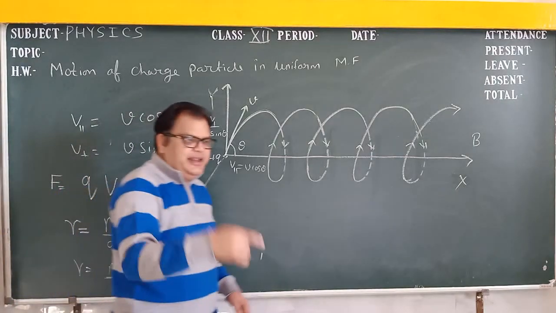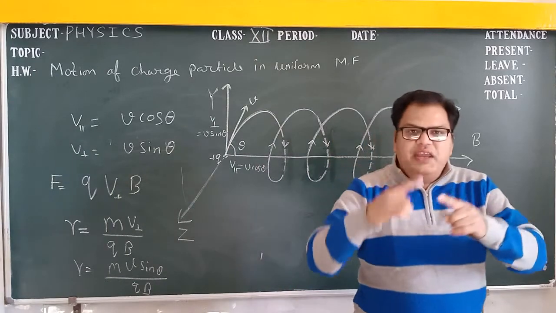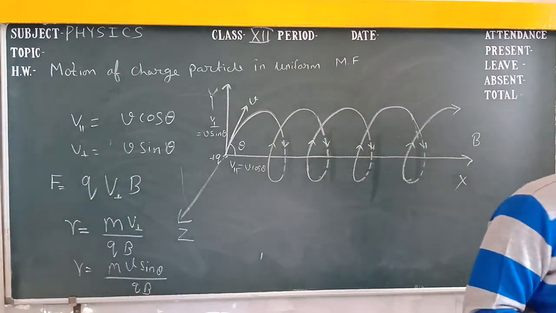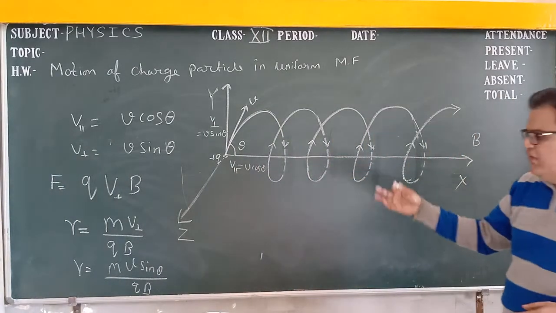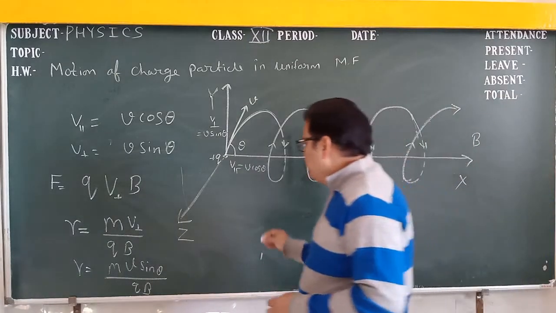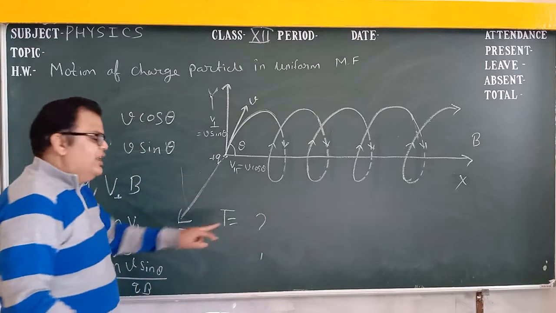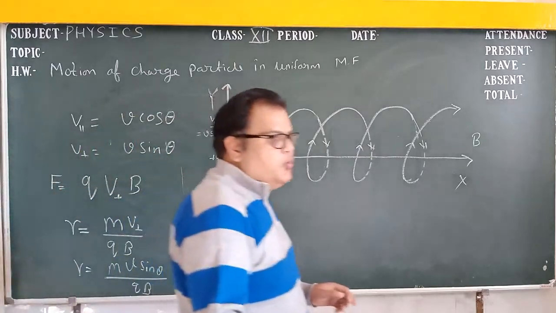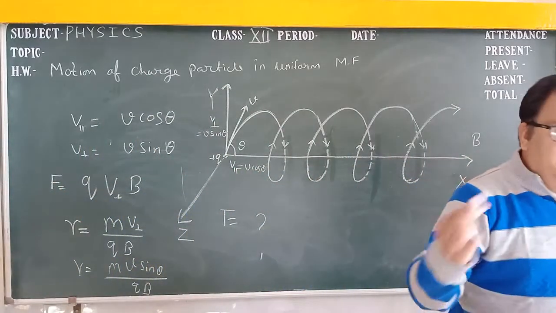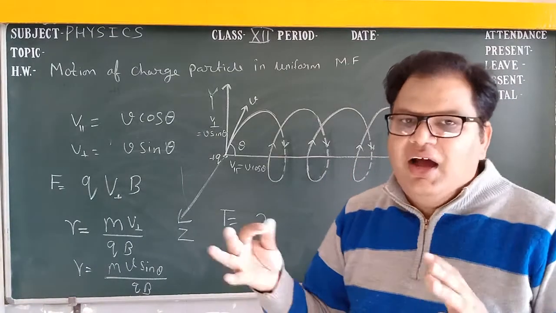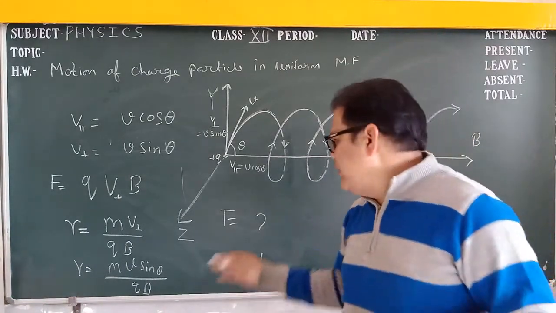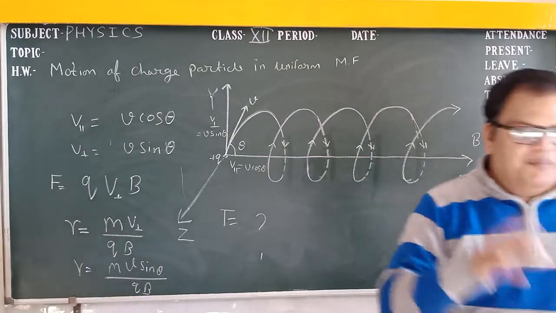That is our radius. When v and B are perpendicular to each other, we can easily find the value of T also. Time is 2 pi r upon V perpendicular.